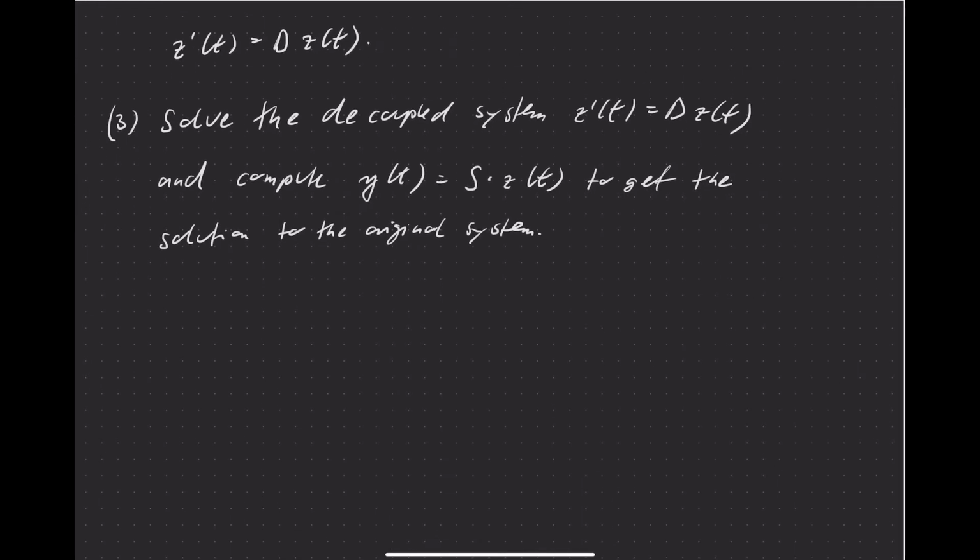Okay, possibly we are going to use initial values to compute any constants that might appear in the process. So use initial values to determine constants. And of course, it might be that we have complex eigenvalues, complex eigenvectors.